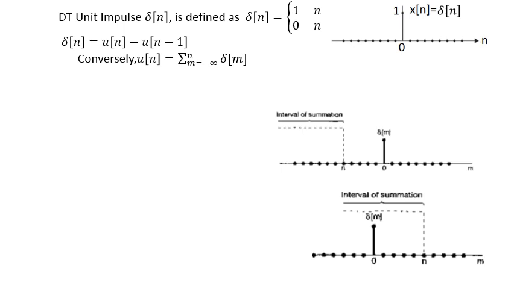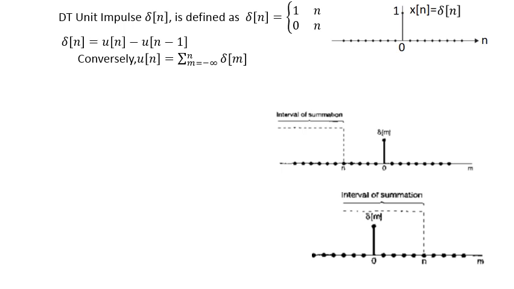So the relationship between the step and the impulse function. The impulse function can be written as the first difference of the step function, as already discussed in the previous slide. And in this slide we are going to discuss the step function in terms of the impulse function.